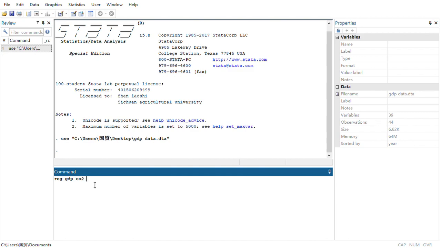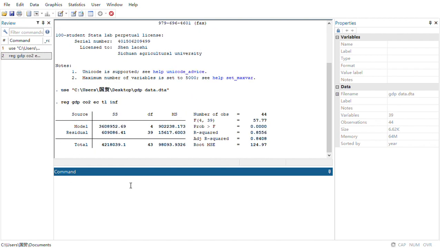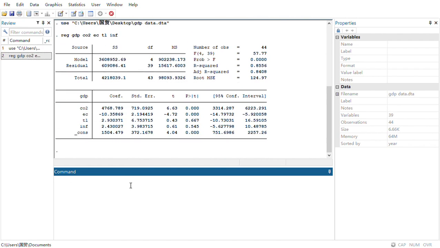Then followed by other independent variables of interest: energy consumption, trade liberalization, and inflation rate. After putting the dependent variable followed by all the independent variables, you press enter on your keyboard, Stata will do its miracles and the results will pop out.